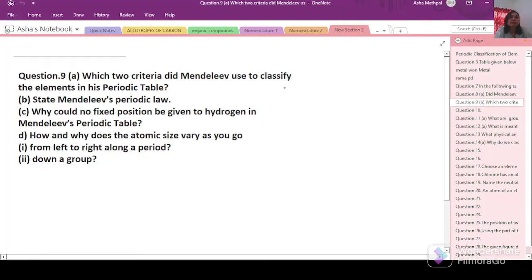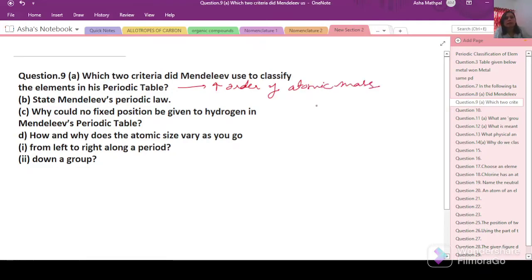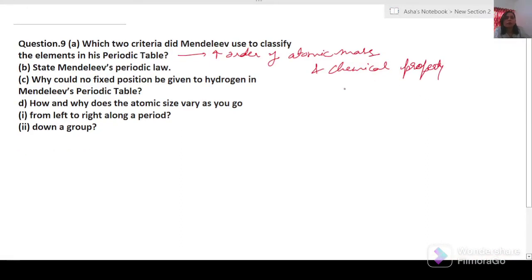Which 2 criteria did Mendeleev use to classify the elements in his periodic table? First was the increasing order of atomic masses, right? And second was the chemical property, especially the formula of oxides and the hydrides.